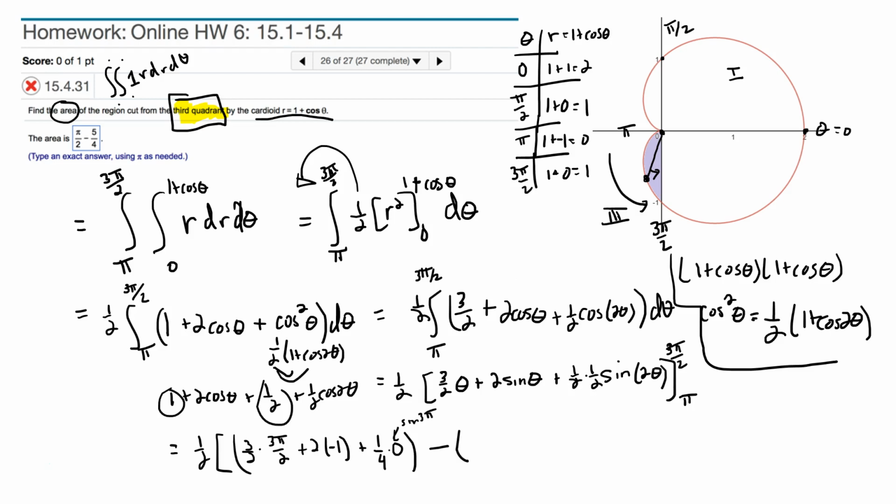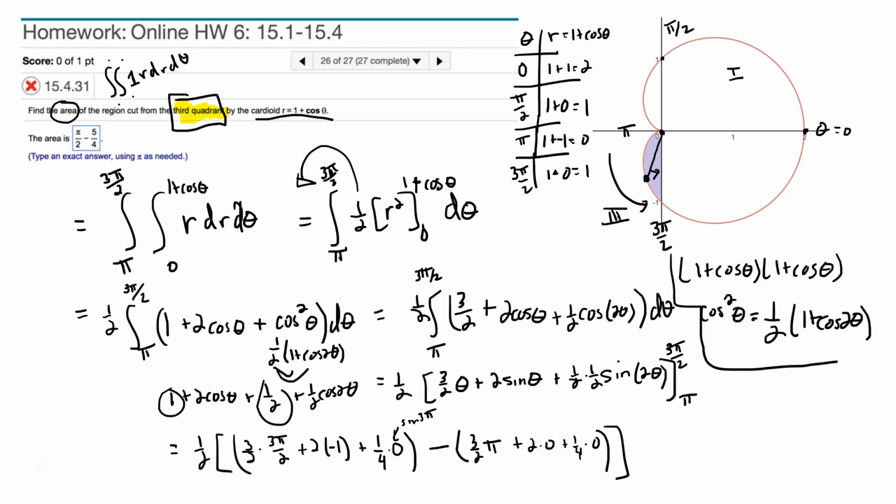Then we plug in pi, and we get 3/2 of pi, but the sine of pi is 0, and the sine of double pi is 0. And so those guys zero out.